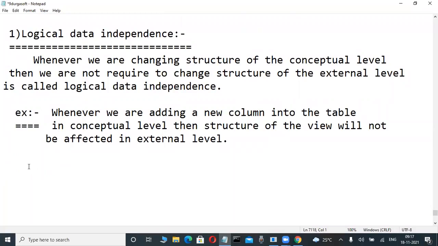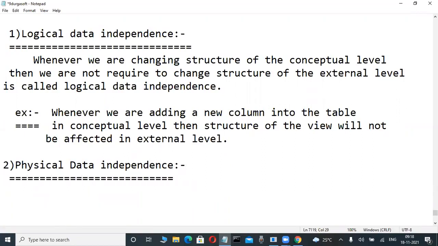Next, side heading, physical data independence. Physical means later, in the index chapter. It is theory, everyone knows.